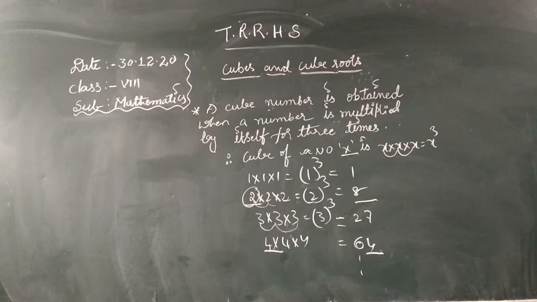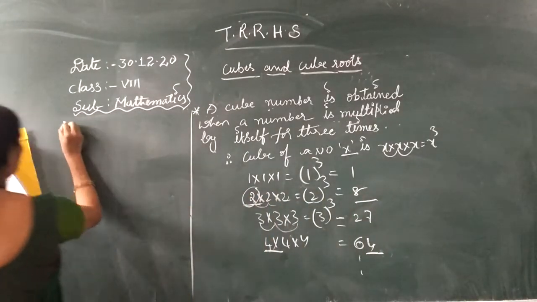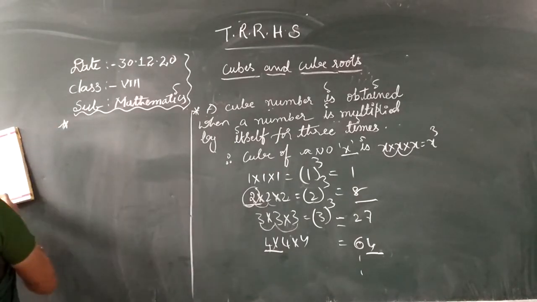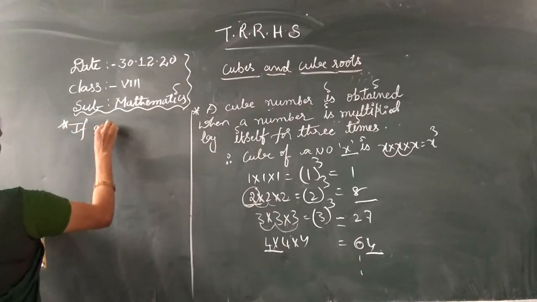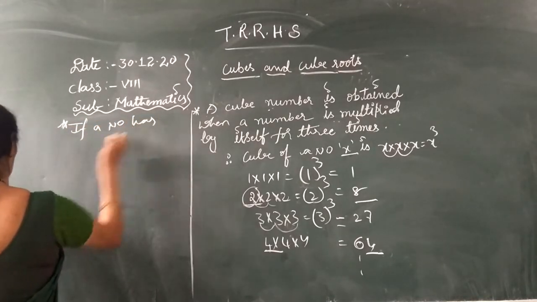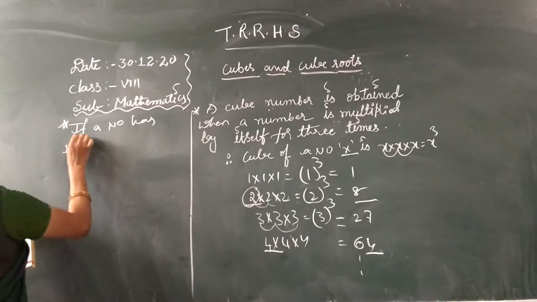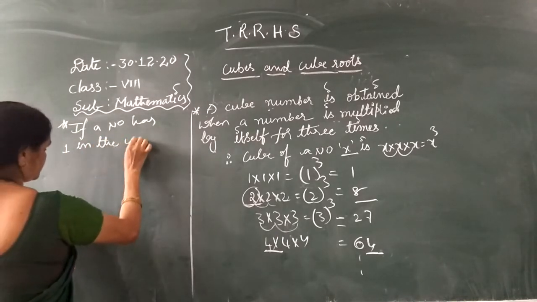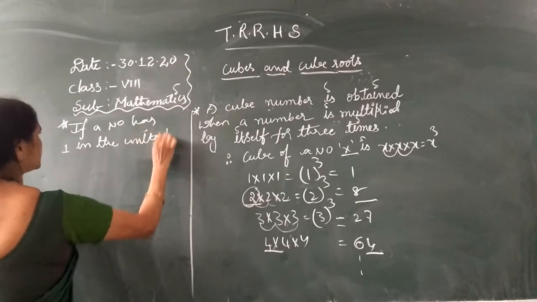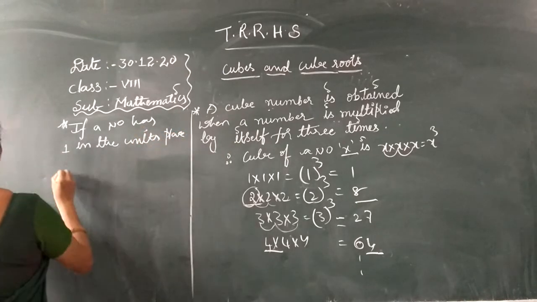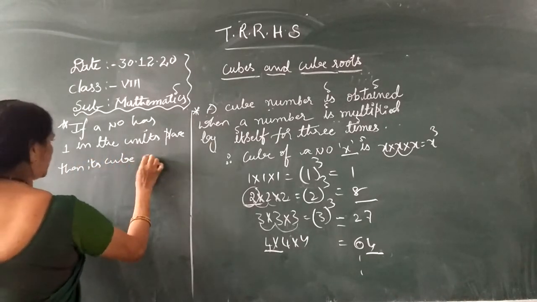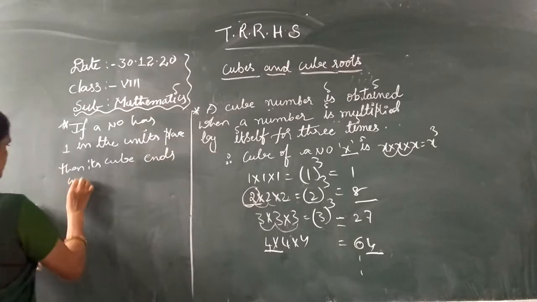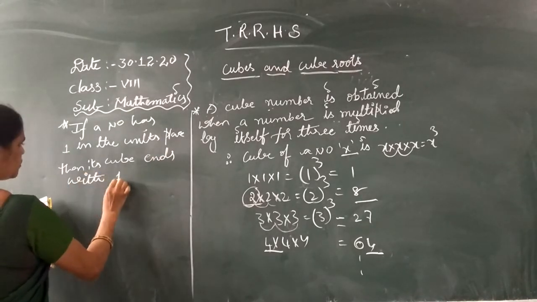Next one is, here some patterns are there. The patterns are very very important. And one more most important point I put here. These important points you note down in your book. If a number has 1 in the units place, then its cube ends with 1.